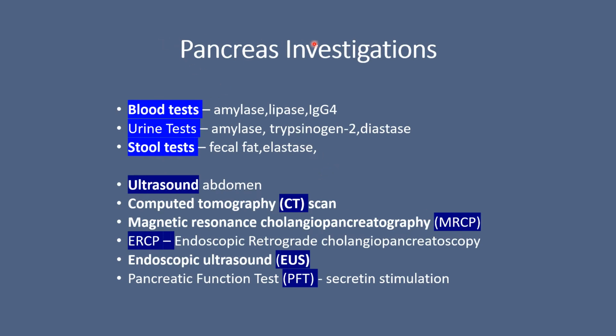The pancreatic investigations. The usual pancreatic investigations are as follows. First, blood tests: serum amylase, lipase, and immunoglobulins. Urine tests for urine amylase, trypsinogen 2, and urine diastase. And stool tests: fecal fat content and fecal elastase.